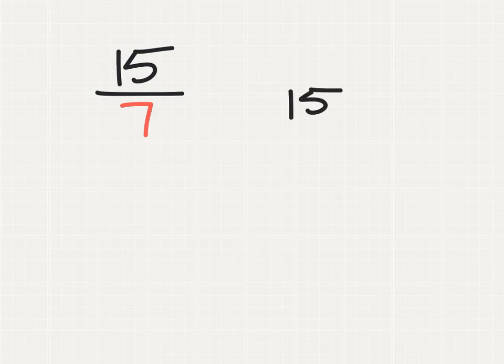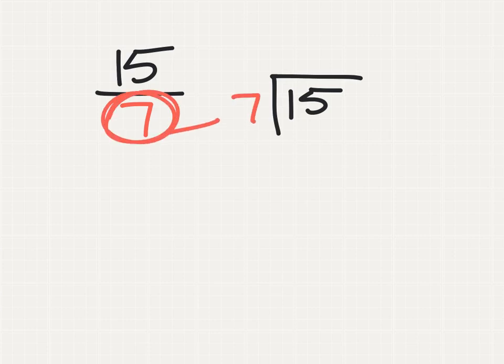So let's try one last example. Again, I have an improper fraction where my numerator is larger than my denominator. I read it as a division problem, 15 divided by 7. And in fact, that's exactly what I do. 15 divided by 7. Keeping in mind the denominator always stays outside the house.